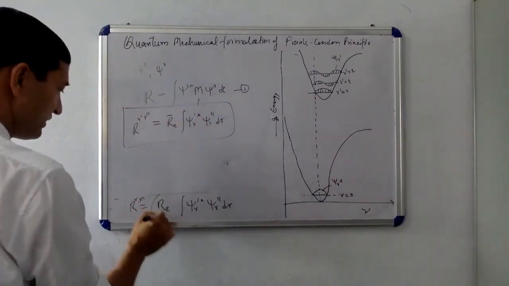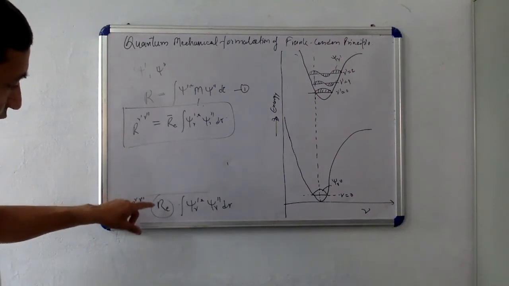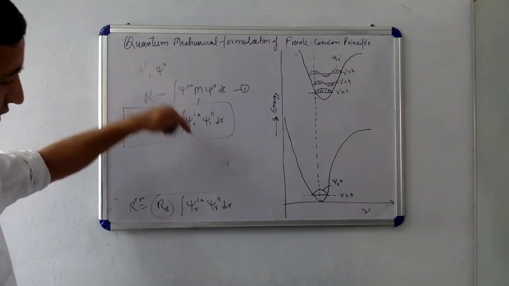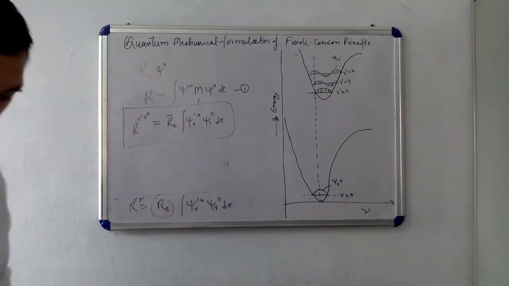So rather than putting this electronic one, because we have separated out this part, we will define that integral with the help of this Re. Now this Re is a slowly varying function of r itself. That is why we are taking this average value of it, because this is an approximation.